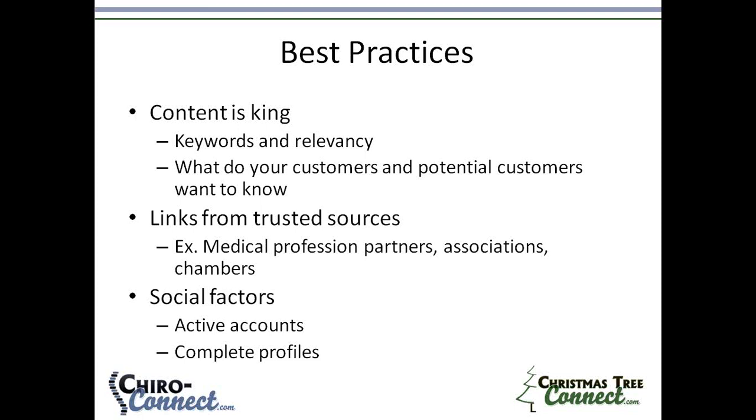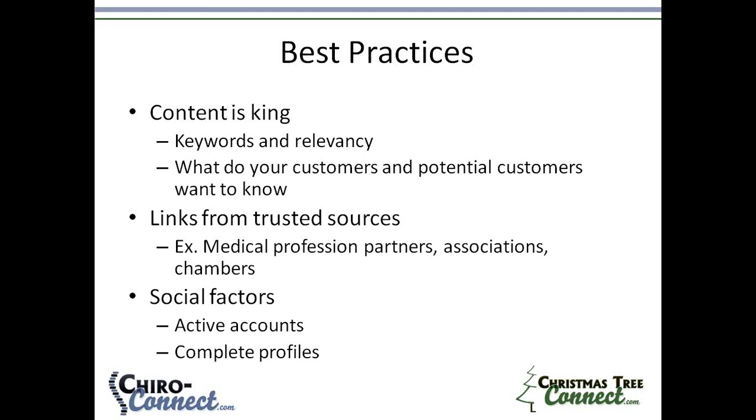So if you're writing a topic about Christmas tree farming and you're sharing about why I would want a real Christmas tree, you're going to talk about Christmas trees, and you're going to use the keywords Christmas tree farming, real Christmas tree. And all of those keywords are things you want to rank for, but you're also writing a piece that's informative and educational.